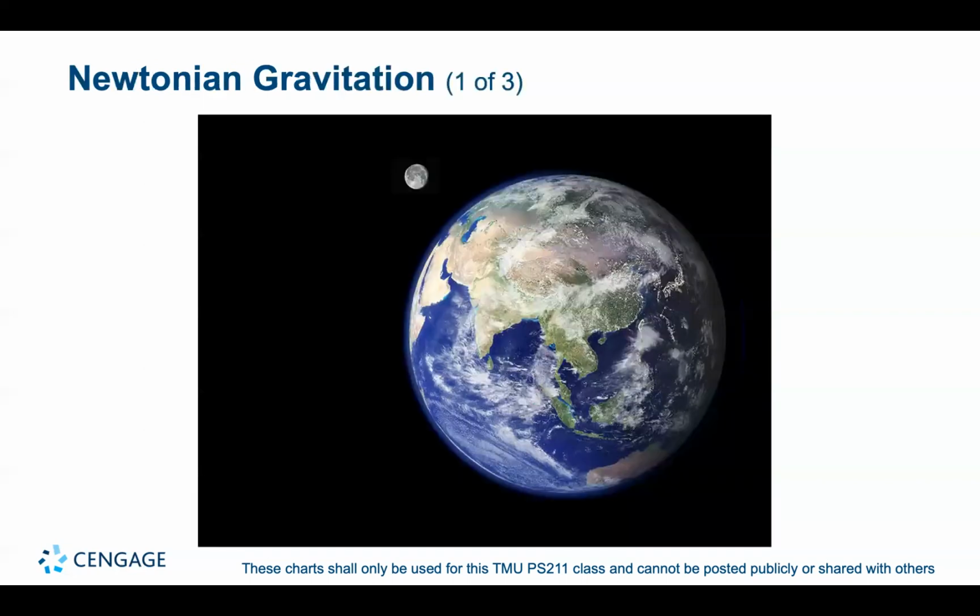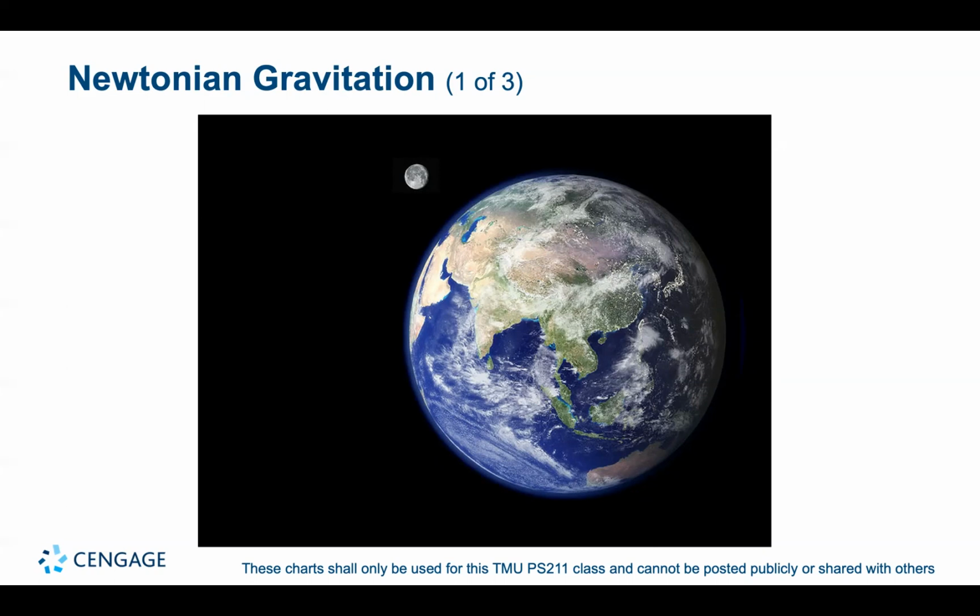So here's a picture of the Earth and the moon from an observer's point of view. Before 1686, lots of data had been collected on the motions of the moon and planets, but no one had a clear understanding of the forces affecting them. In that year, Sir Isaac Newton provided the key that unlocked the secrets of the heavens.